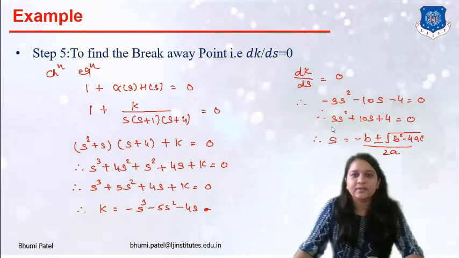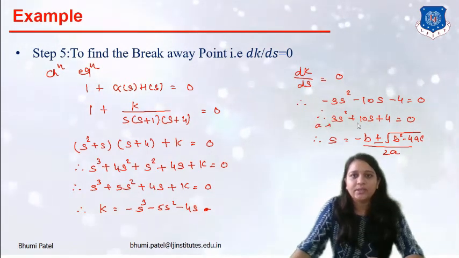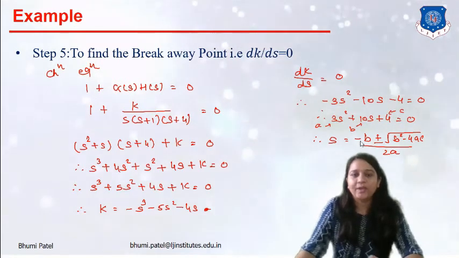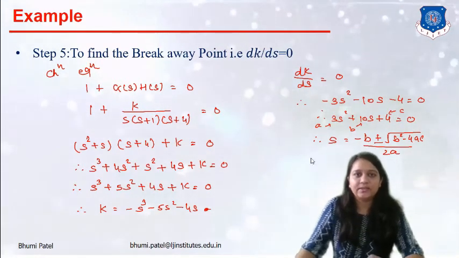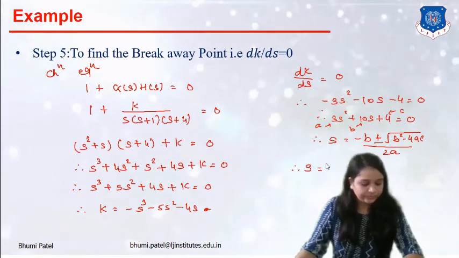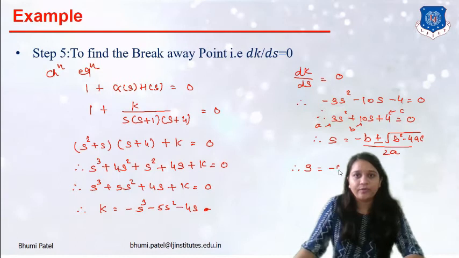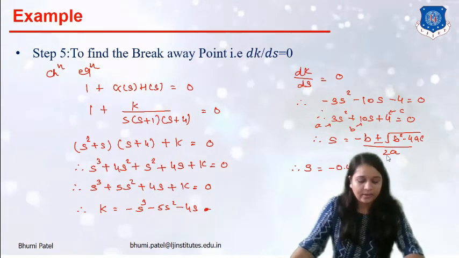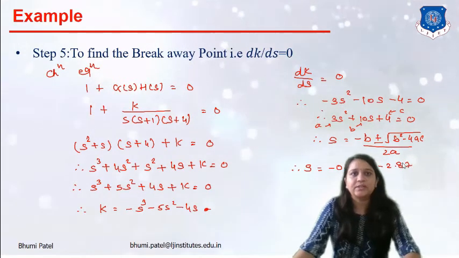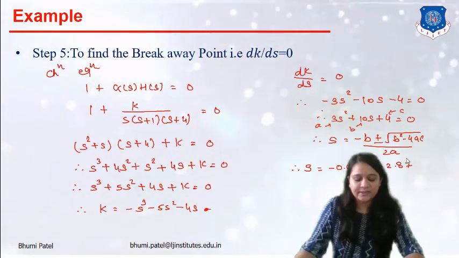From this equation, a is equal to 3, b is equal to 10 and c is equal to 4. So putting the values of a, b, c in this equation, we get s is equal to minus 0.47 and minus 2.87. So this is the breakaway point of this system.